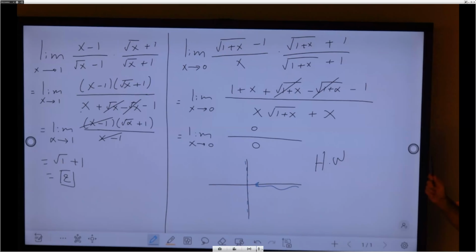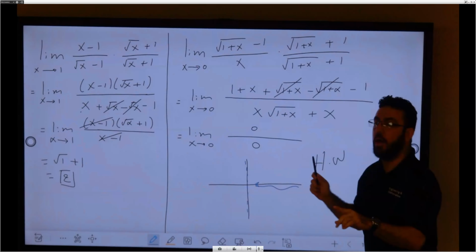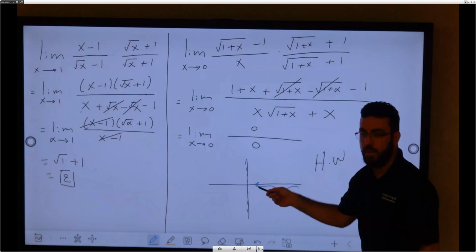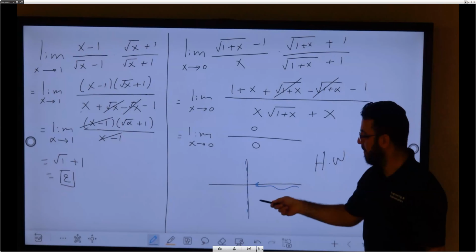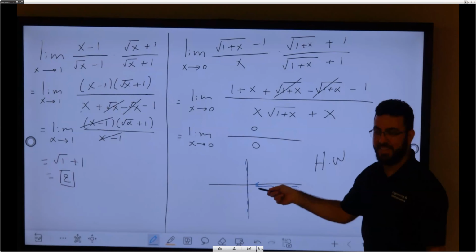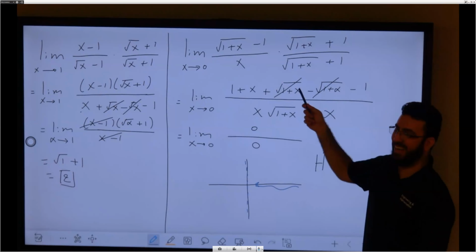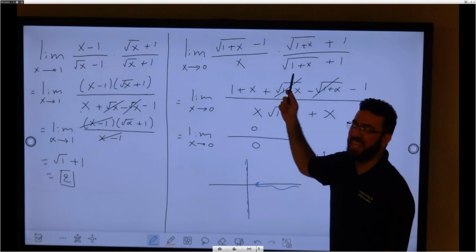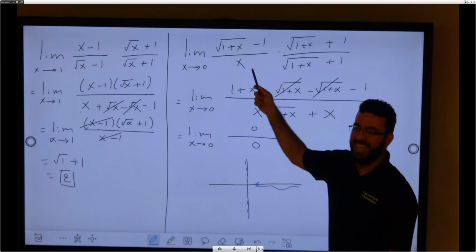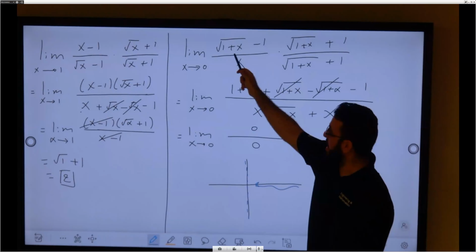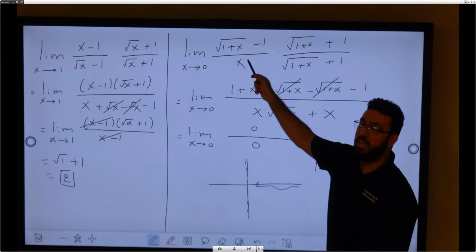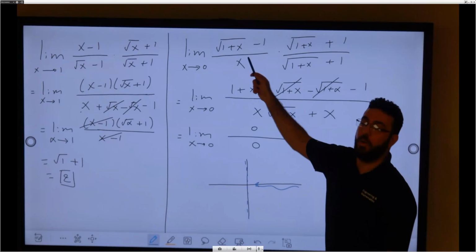How are you going to check that? Plug in numbers. Plug in a number. Okay, pick a number here. No, don't look up. Pick a number here. 1, okay. Plug in the 1. 1 plus 1 is 2, which is square root of 2. Okay, square root of 2 minus 1.